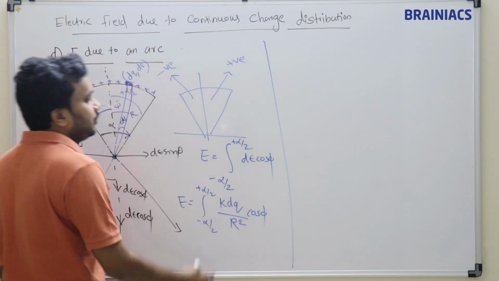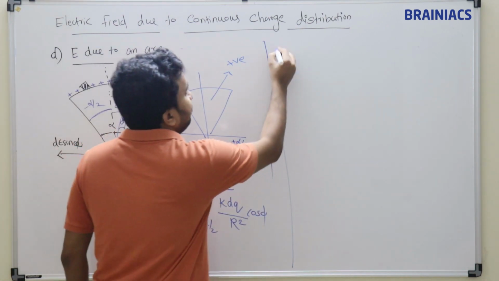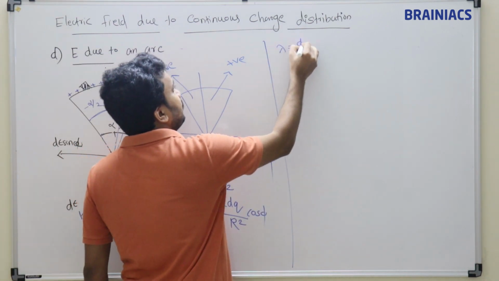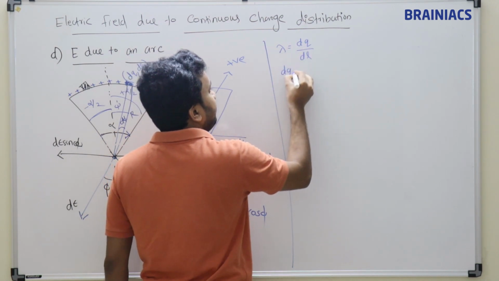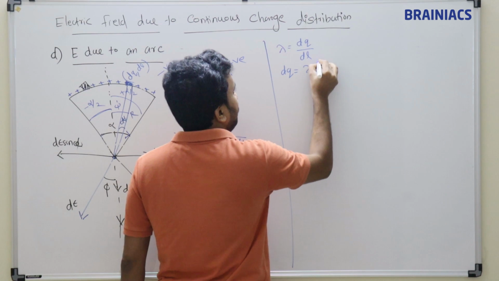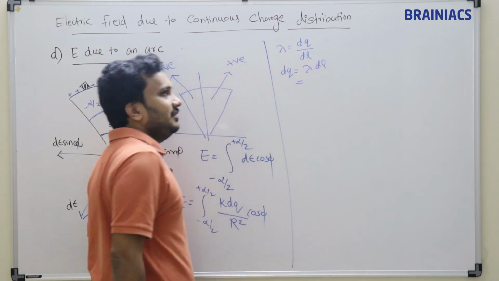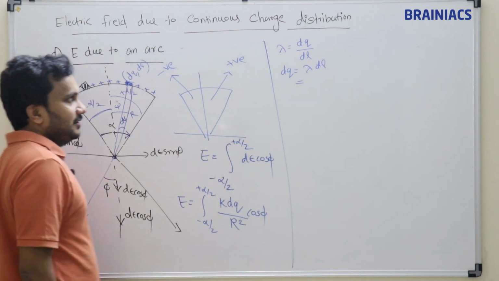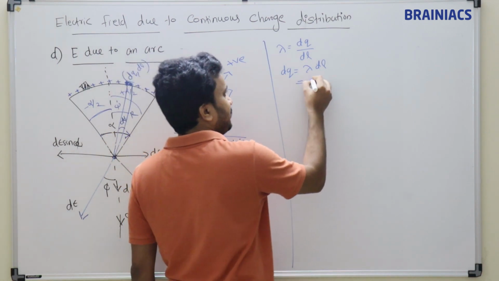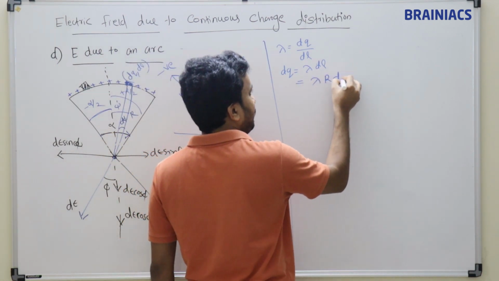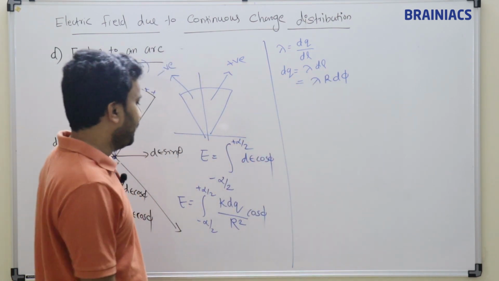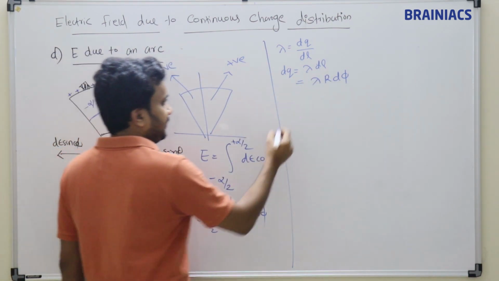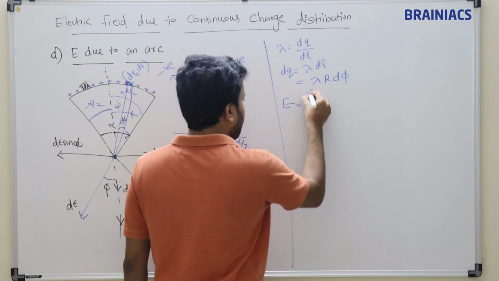Next, we have to replace dQ. For that, lambda is equal to dQ divided by dl, so dQ will be equal to lambda into dl. Here dl is called the arc length. Like the previous one, dl equal to r into d phi, because arc length is equal to angle into radius. We are substituting these here and continuing.